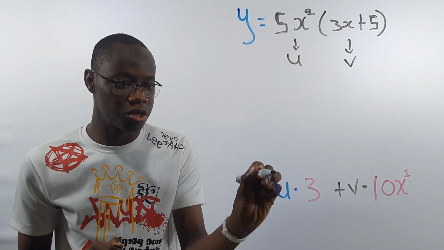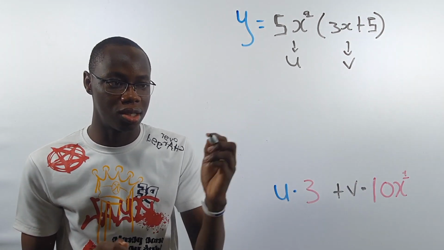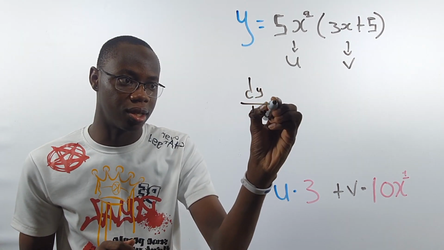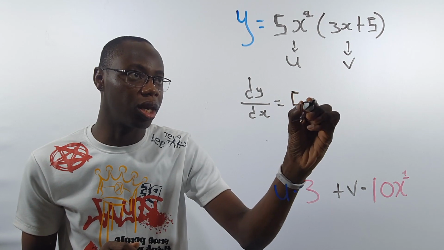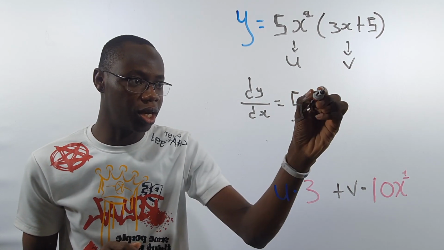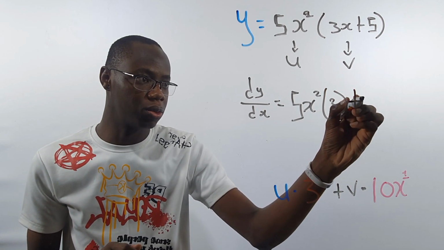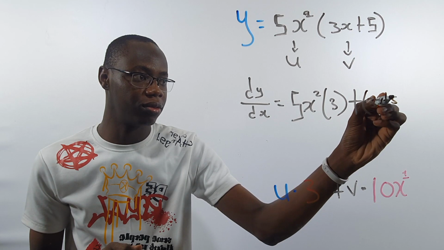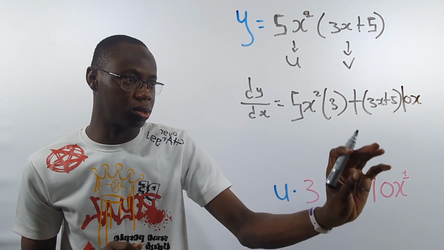Now all you need to do is just slot in u and slot in v, and just very easy arithmetic. You can see how easy differentiation is. So dy over dx, which our final answer will now be, just put in your u, that is 5x raised to power 2, multiplied by 3 plus v. What's v? 3x plus 5 multiplied by 10x, like that.